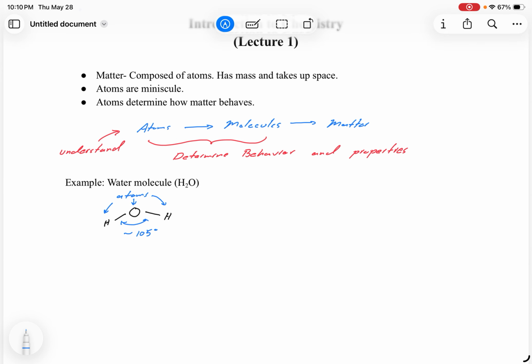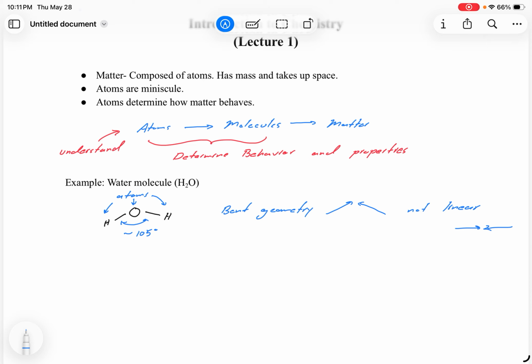And this is bent geometry. Notice how this geometry is bent. It is not straight. It's bent like that. So not linear.